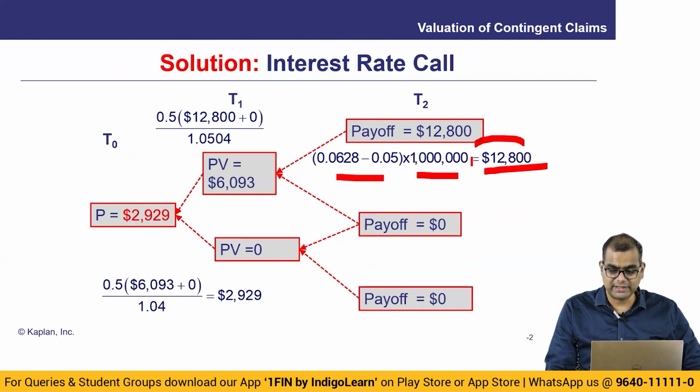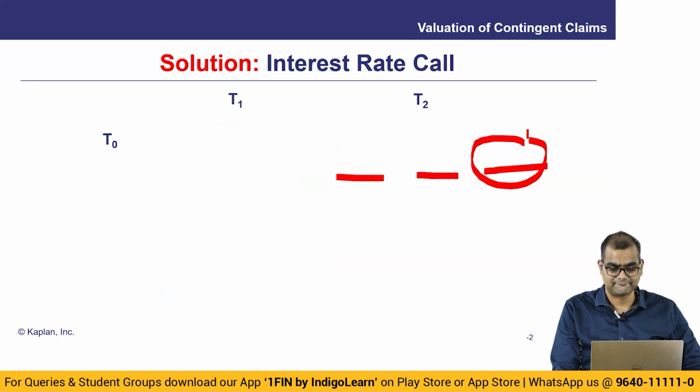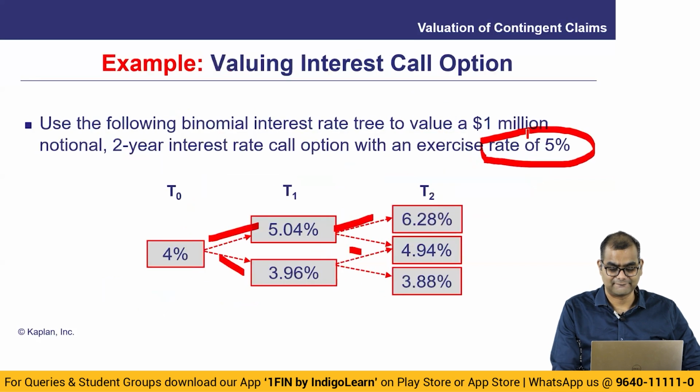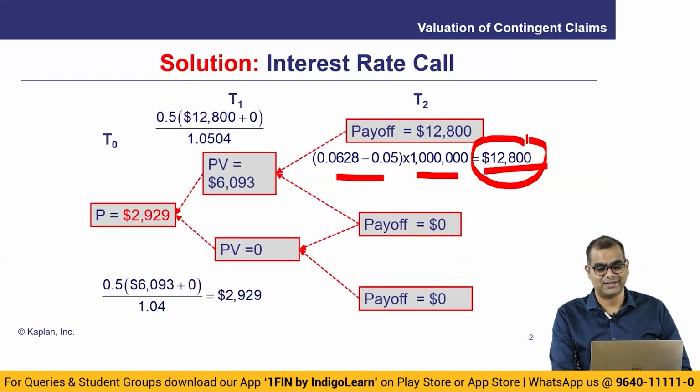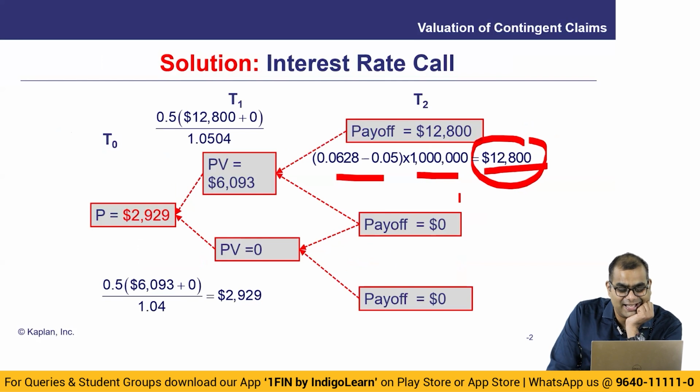This 12,800, you discount at what rate? 6.28? No, that is exactly what I was telling you. That is why I was so specific. Sorry, 5.04. Correct. That is why I asked you also 2 times, 3 times. Okay, so this is 12,800.